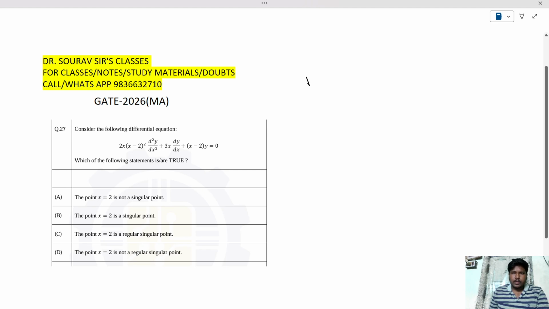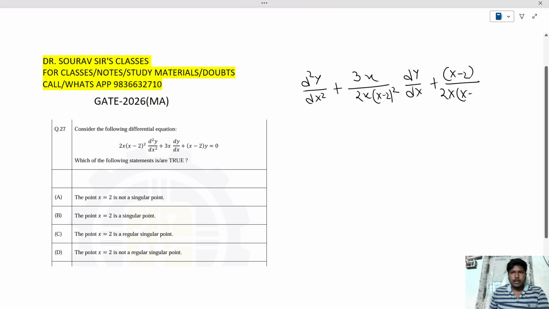So the given differential equation can be written as d2y by dx square plus 3x by 2x into (x minus 2) square dy by dx plus (x minus 2) by 2x (x minus 2) square into y equals 0.